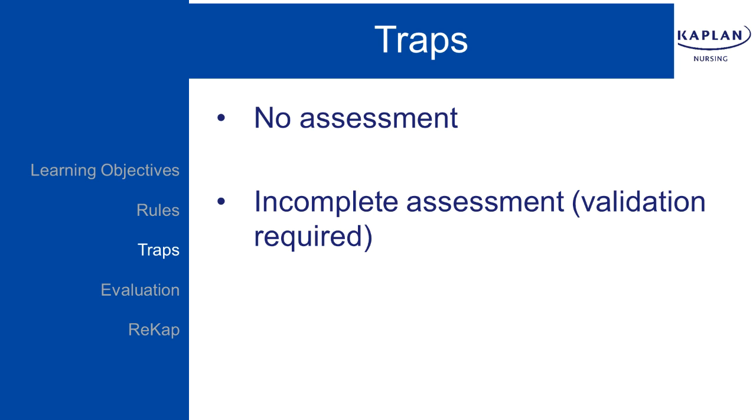This is the time when the onset of the insulin is, and I may be concerned the client may be having an insulin reaction. But do you want to make that decision based on just what the client has told you? You do not. You want some sort of objective measure, so you would want to obtain a blood sugar. So this would be an example of an incomplete assessment that requires validation.